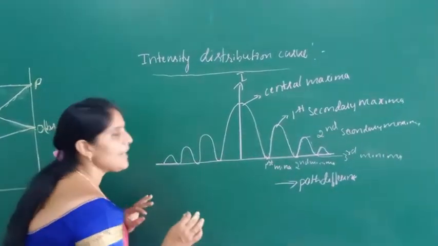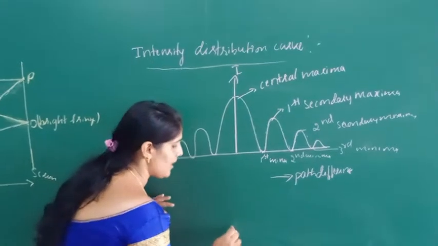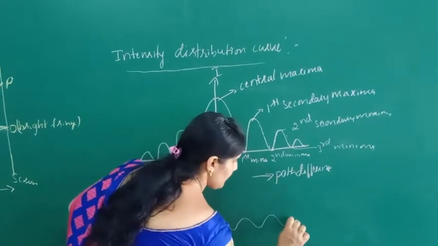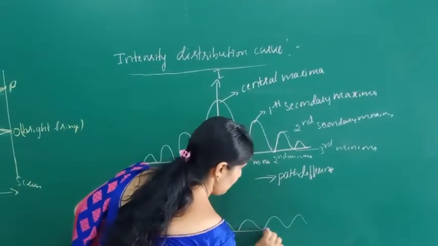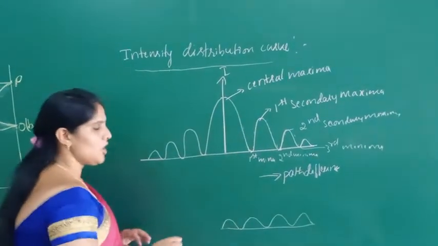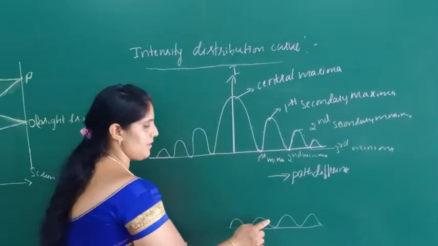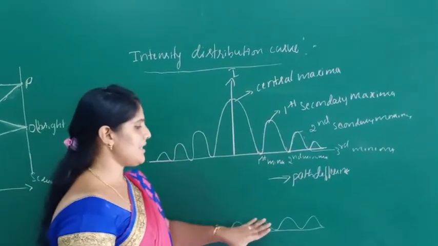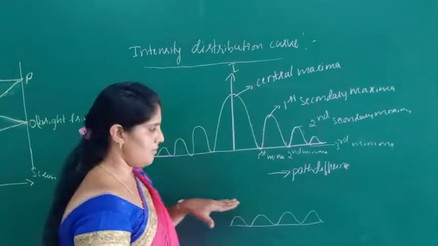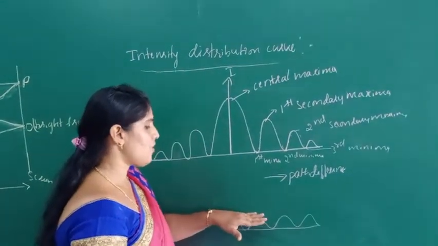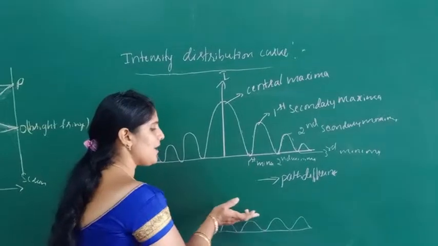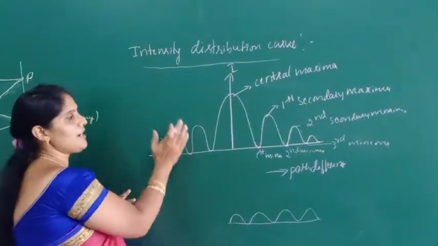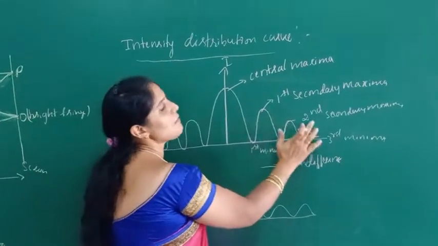But in the case of interference, you will get an intensity distribution like this. In interference, you get light of the same wavelength, so the intensity is the same at all points. That means the interference pattern consists of equally spaced bands, but the diffraction pattern consists of unequally spaced bands.